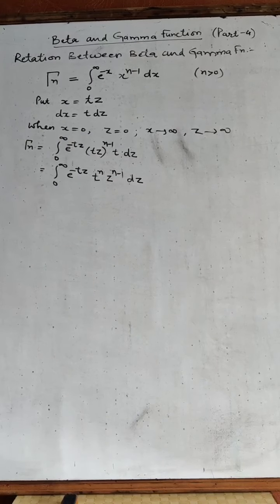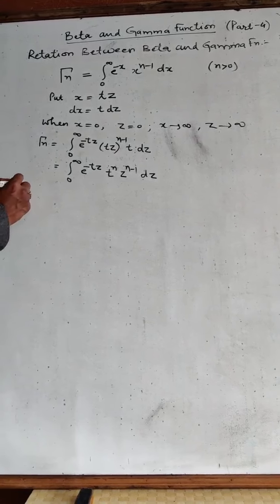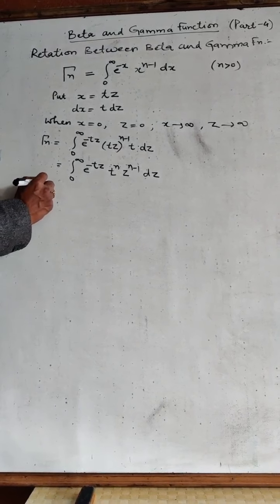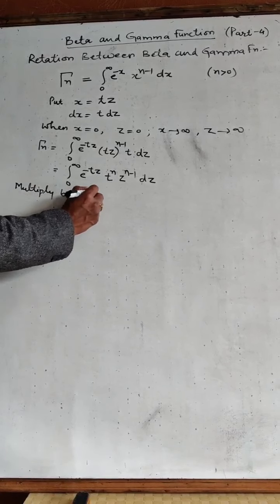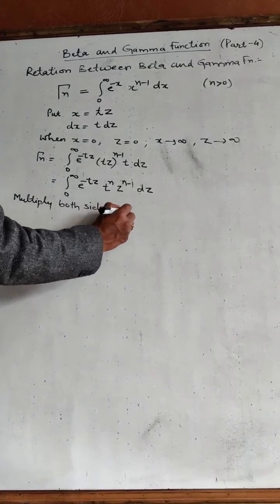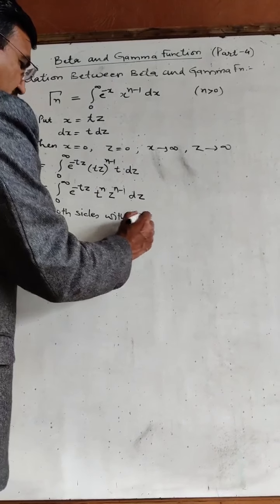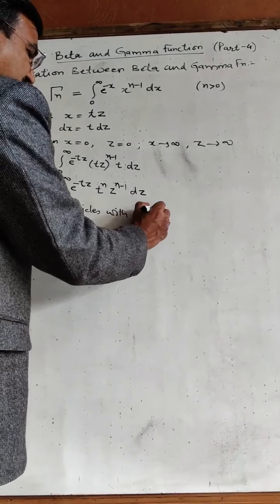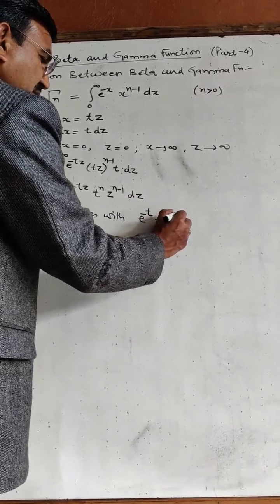Now to establish the relation, we will multiply both sides with e raised to the power minus t, t raised to the power m minus 1.